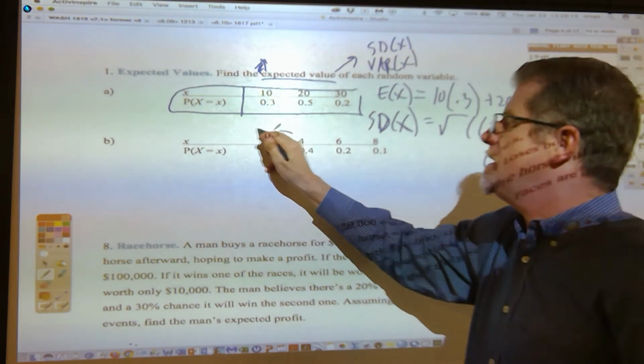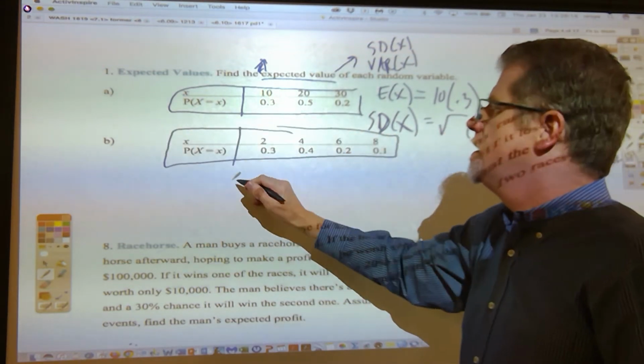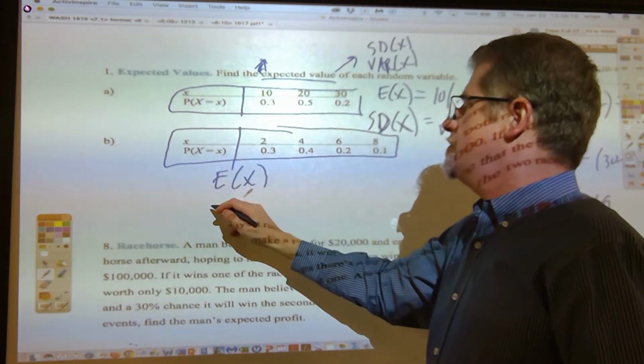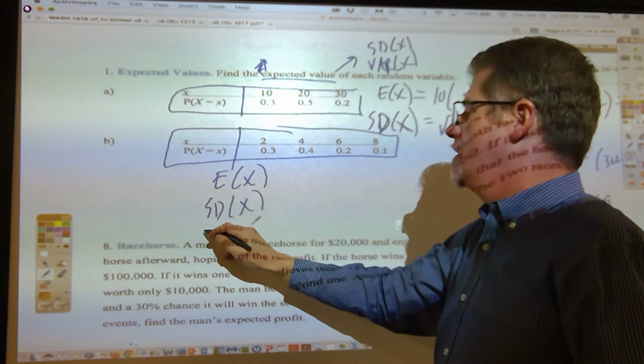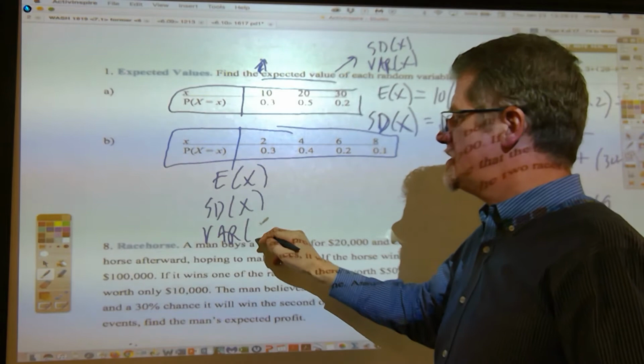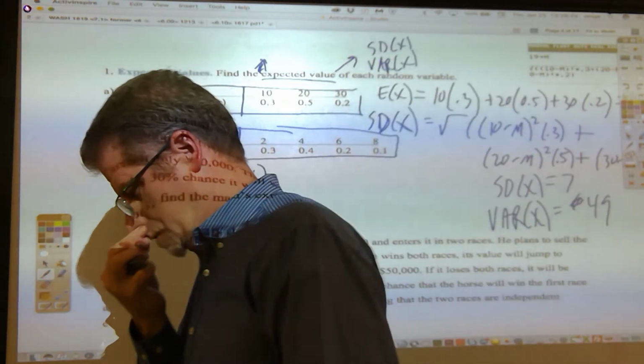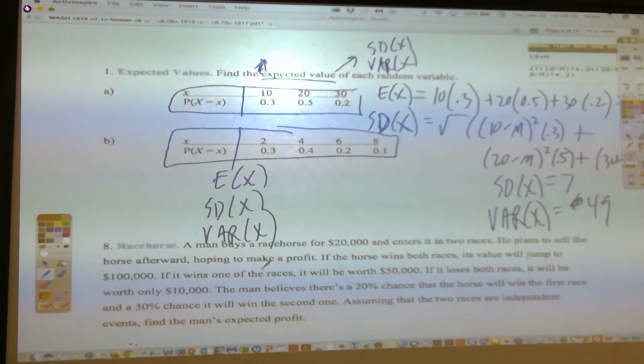Would you please do part B on your own? Find expected value, standard deviation, and variance for this random variable. You may begin. Please store your expected value in alpha m.